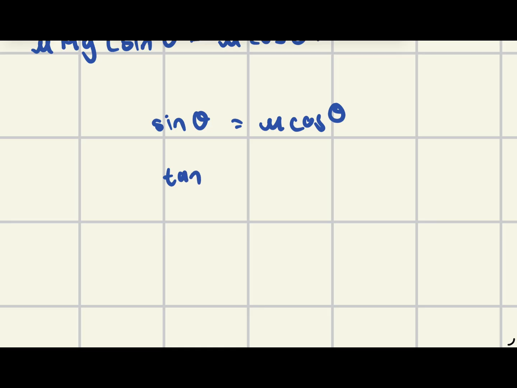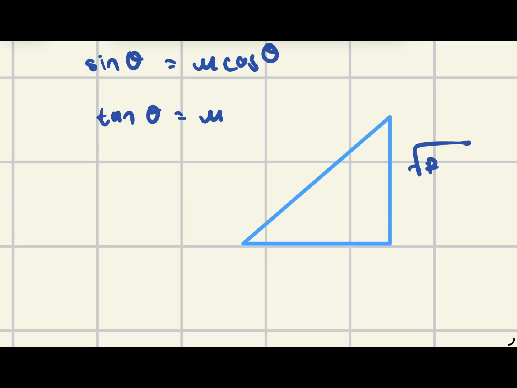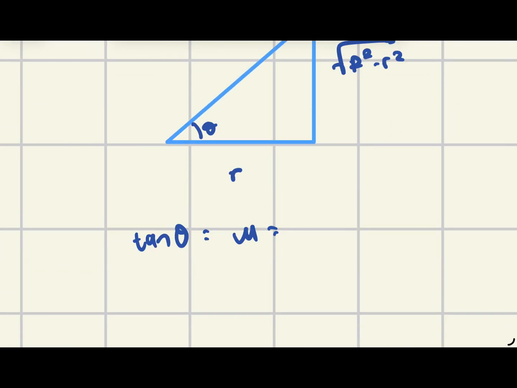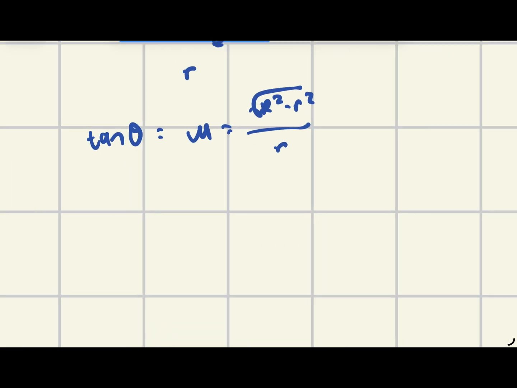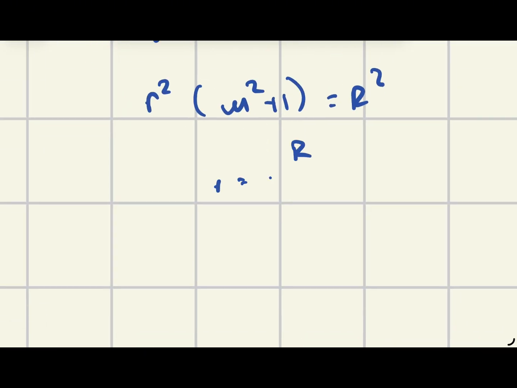So here we get sine theta is equal to mu cosine theta, so we have tan theta is equal to mu is when this is minimized. Now we can look back at our triangle and realize that tan theta is equal to mu is also equal to the square root of R squared minus r squared over r. Here we can now just solve for r. And we get what r is equal to that minimizes the tension.